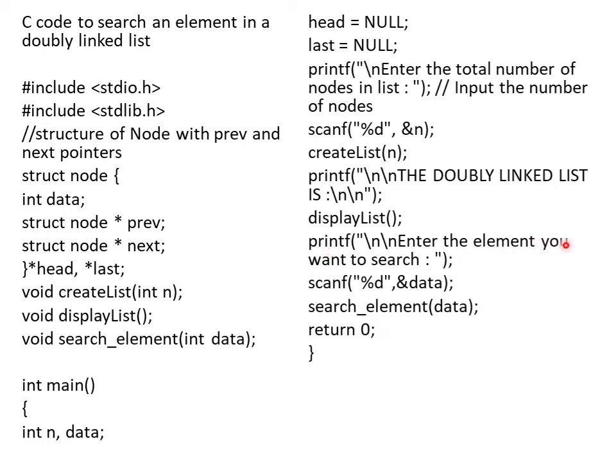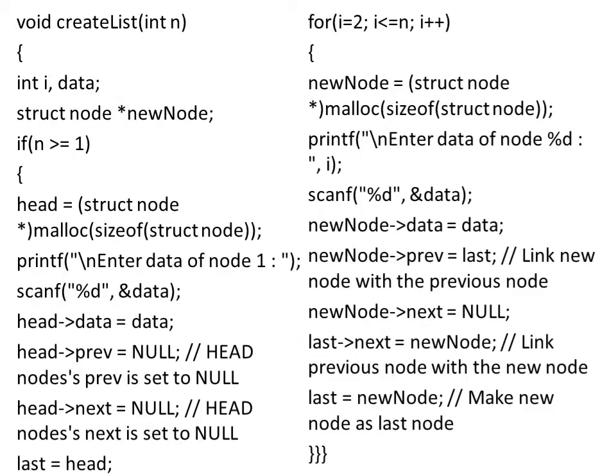After that I enter the element to be searched, and I scan that data, and I search for the element in the list. This function is also predefined here. You can see the same function is called here. If the element is found, it will display element is found. Otherwise, element is not found. And then I am returning 0 and closing the main function.